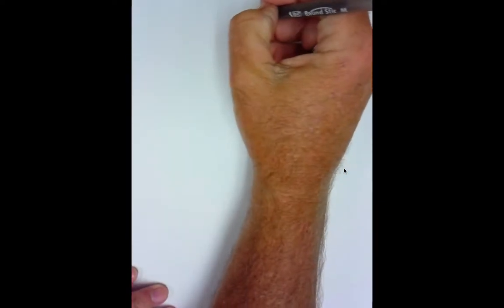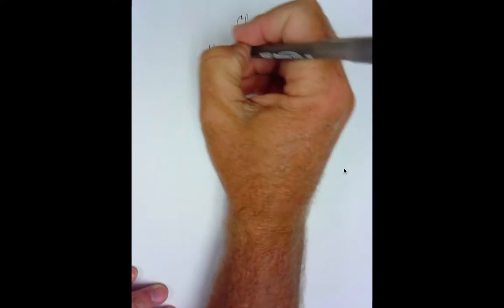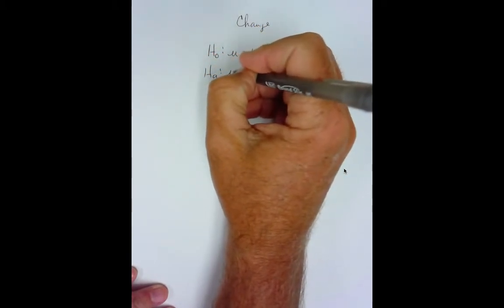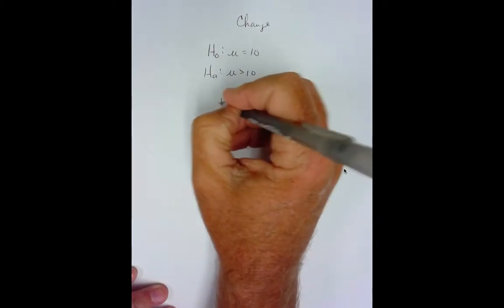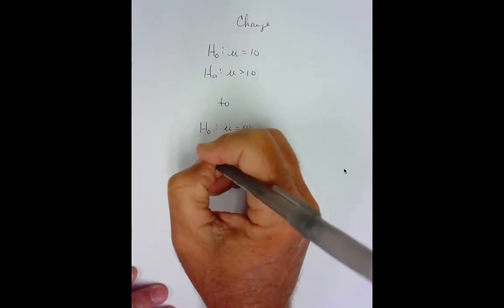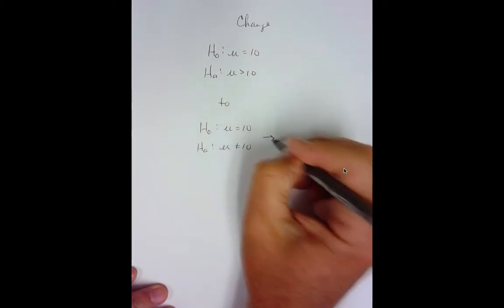So how would that work with our problem? Change h sub o, mu equal 10, h sub a, mu greater than or equal to 10, to h sub o, mu equal 10, h sub a, mu not equal 10. So let's calculate it.